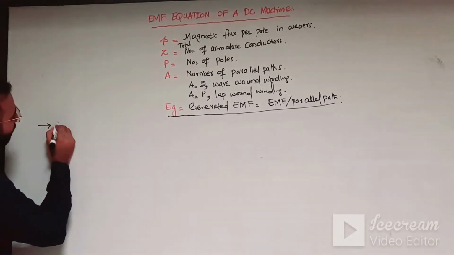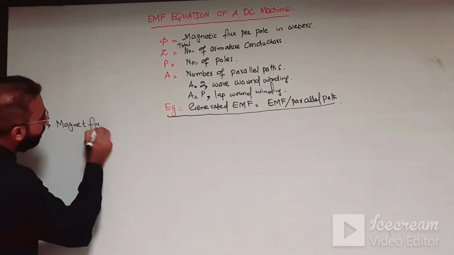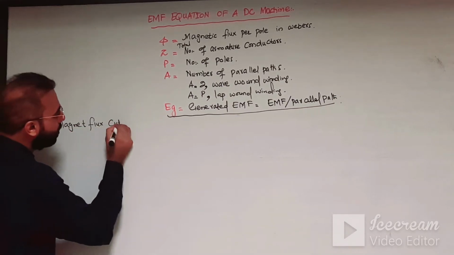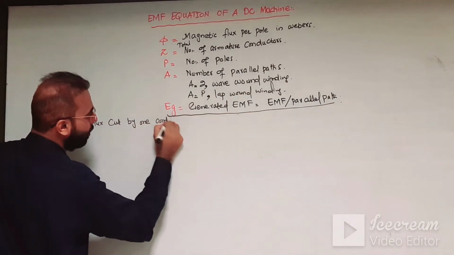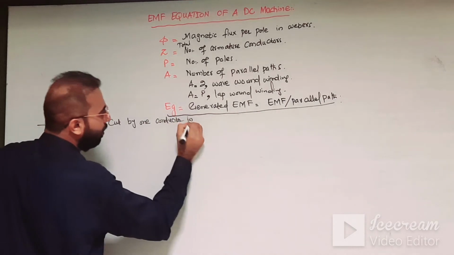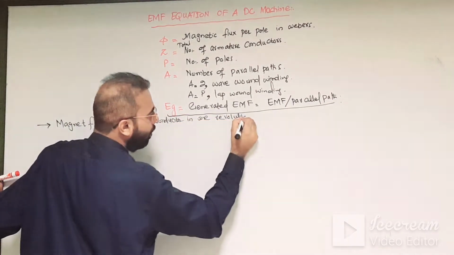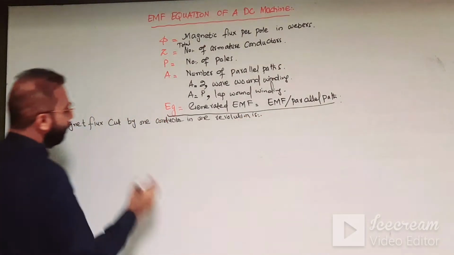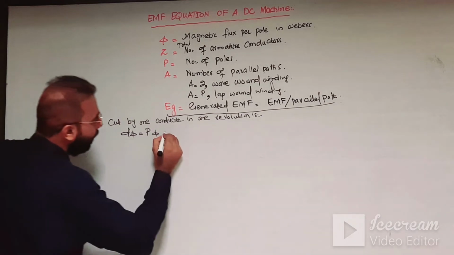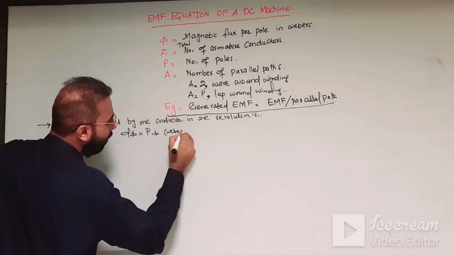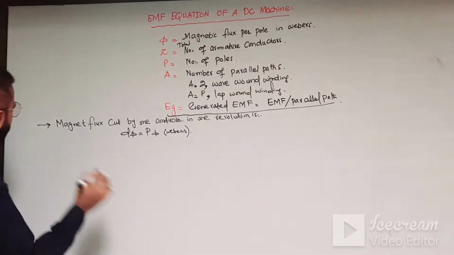The magnetic flux cut by one conductor in one revolution is d phi equal to p phi. This is in terms of Webers; the flux unit is the Weber.